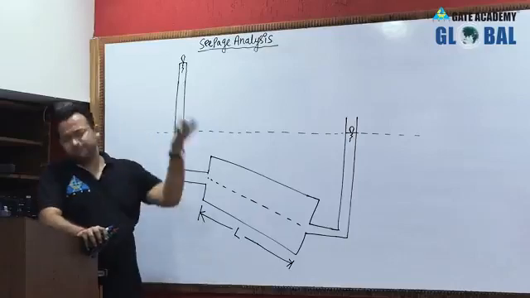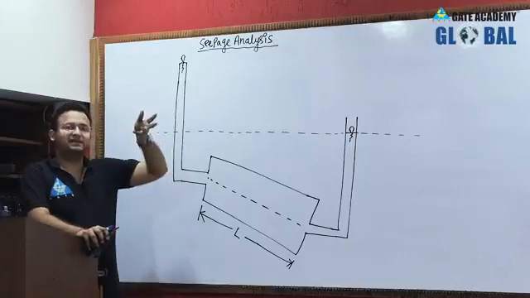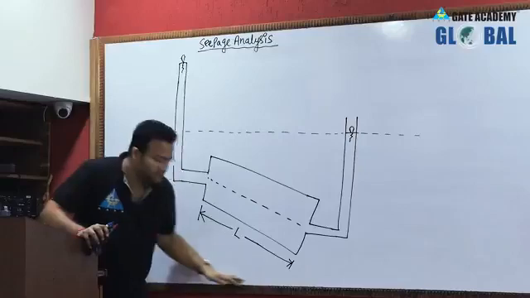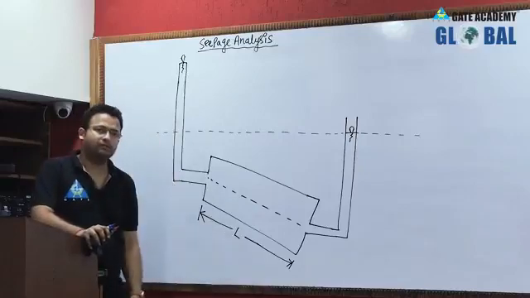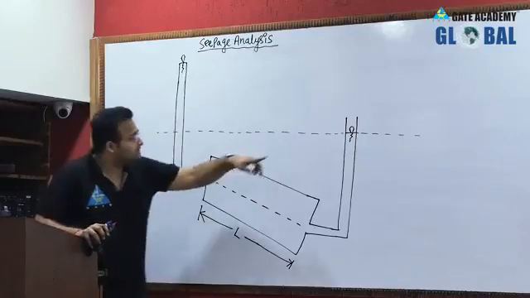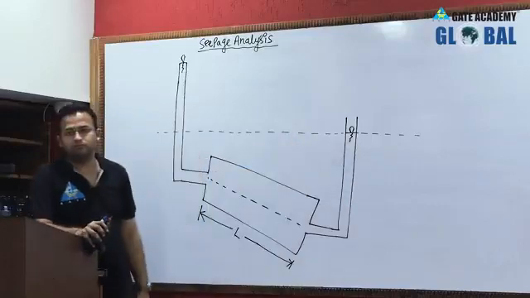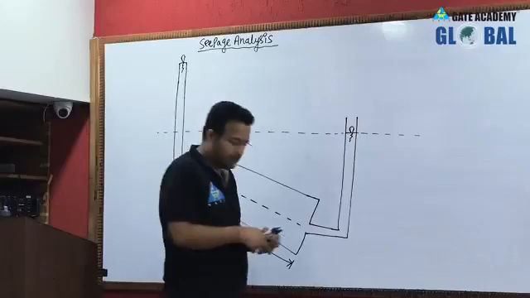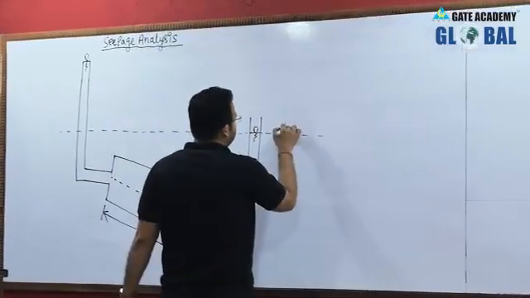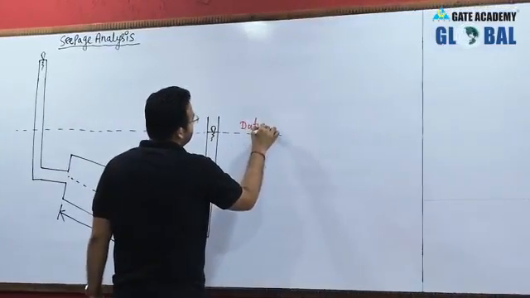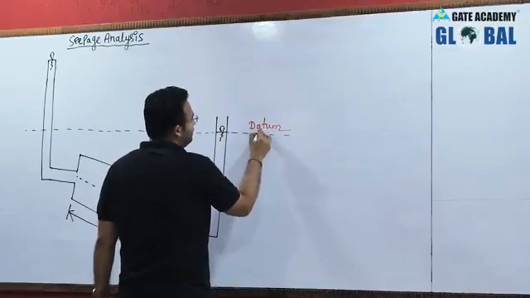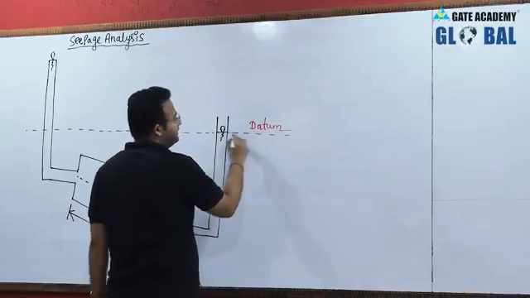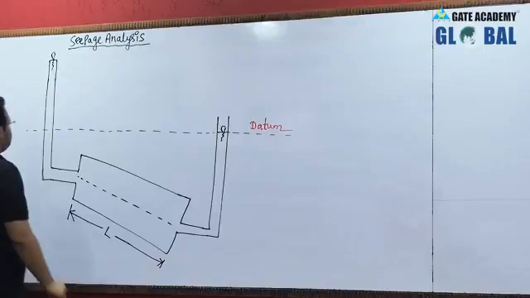In the permeability topic also, you can consider the datum at the tailwater. Generally a tailwater datum line should be considered, and all pressure measurements shall be done from this datum line.